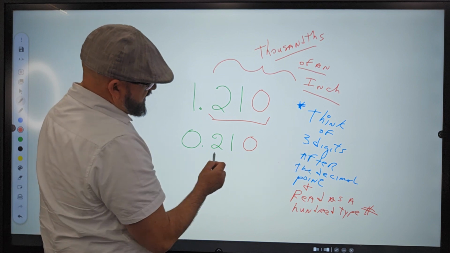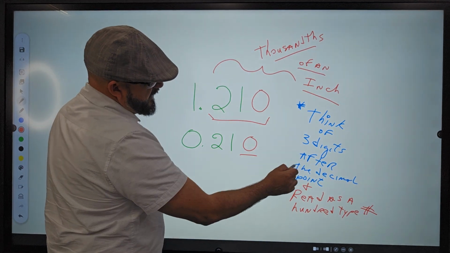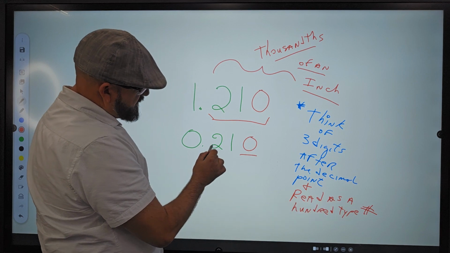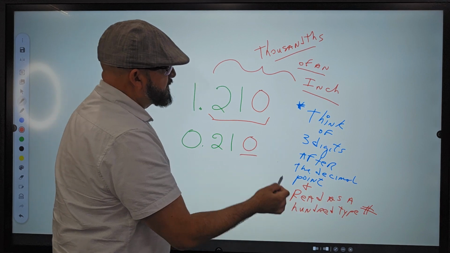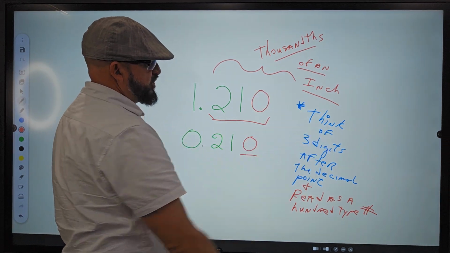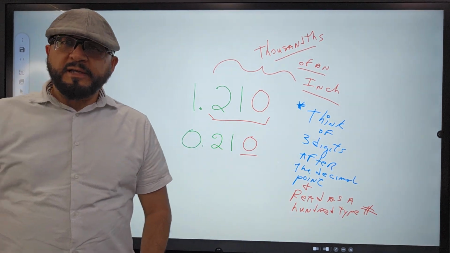So think of 3 digits. We completed that third one after the decimal point, and read as a 100 type number. So this is 210 thousandths, but you don't say 210 hundredths. 210 thousandths of an inch. Okay.